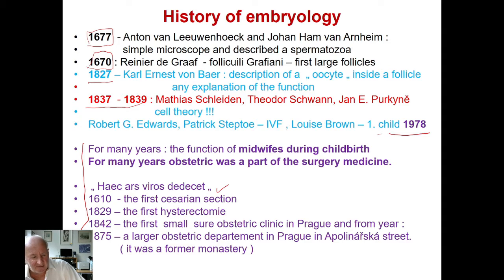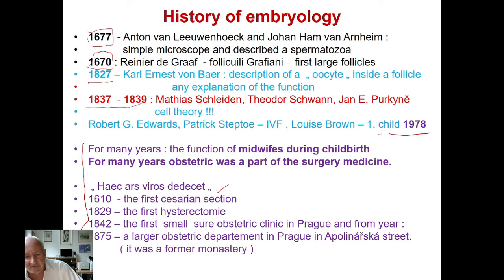And then the first lectures for medical students in Prague started around the year 1840. Then a first very small obstetric clinic was built in Prague, at Charles Square, in today's hospital, where the first medical faculty is.